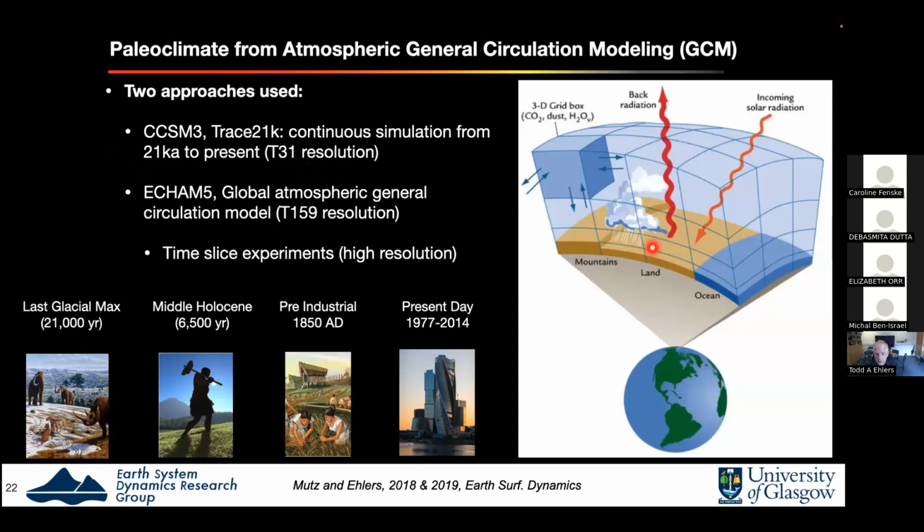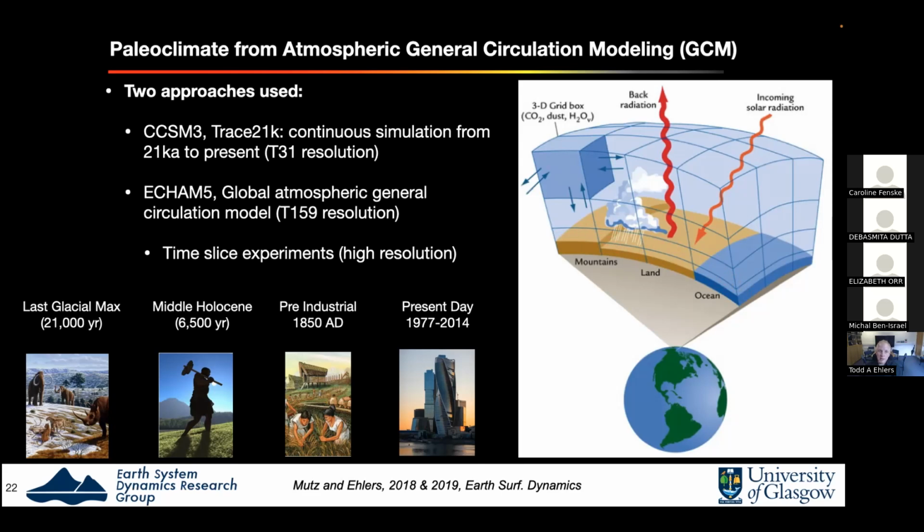So if you're not familiar with how general circulation models work, the basic idea is you're taking the atmosphere and land surface here, you're discretizing it, and you're solving equations for conservation of mass, momentum, and energy. You have different boundary conditions, such as how the sea surface temperature is changing, how the land surface is changing here, and you have an equation of state that gives you a prediction for how the climate's changing.